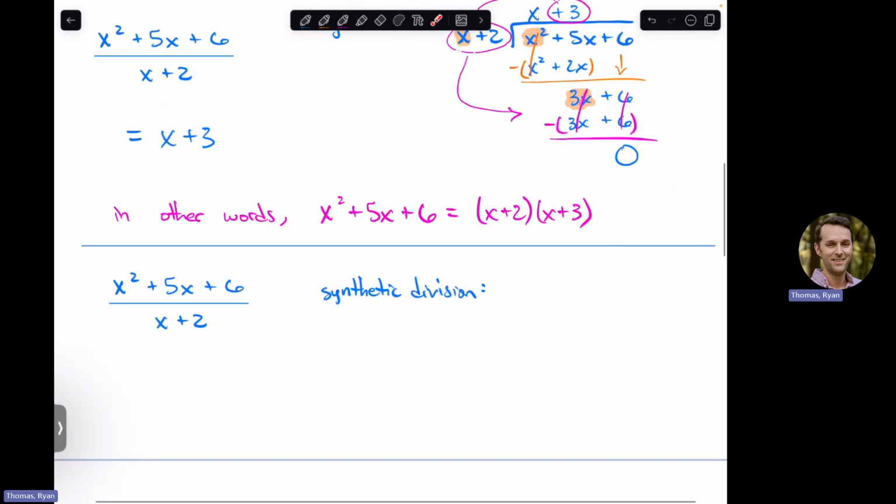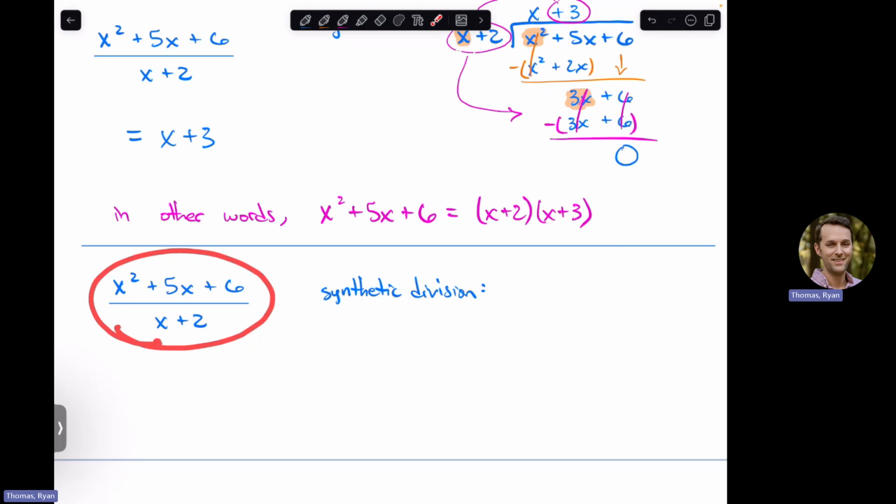The way we do that is I take these things and I just use the coefficients, and then I keep track of what's what by the order I write them in. So the coefficients of the stuff on the top are 1 and 5 and 6. So I just take those, 1, 5, and 6. But again, now I'm preserving what they are by where they are.